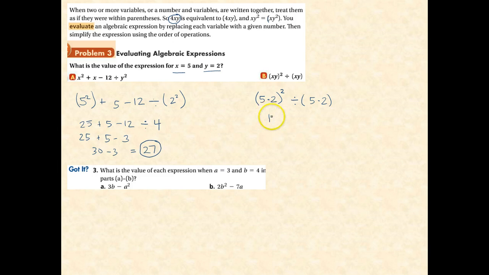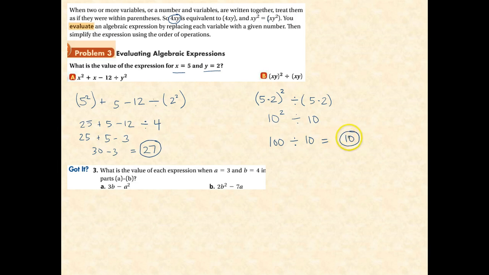So 5 times 2 is 10. Now powers. 10 squared means 10 times itself twice. So 10 times 10 is 100. And then 100 divided by 10 equals 10.